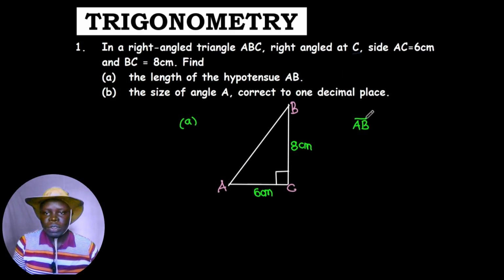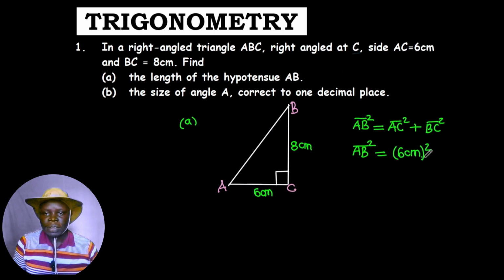So AB square is given by the sum of the square of AC and the square of BC. From here, we can make substitution where our AB square is equivalent to AC, that is 6 centimeter, and of course we have to square, plus BC is 8 centimeter square. You can also work without the units, it's totally accepted.